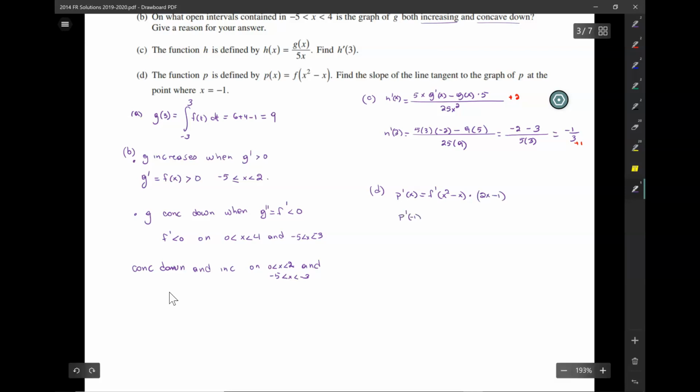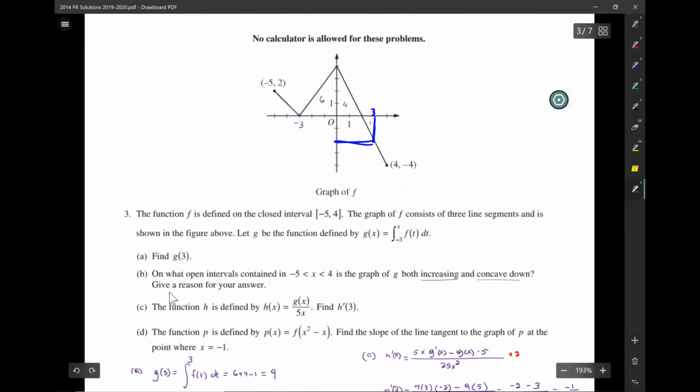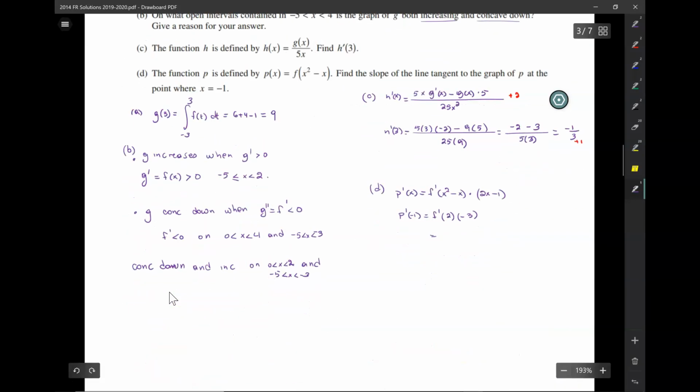P prime of -1 is f prime of 2 times -3, and that f prime of 2 is at x equals 2. What is the slope? It's -2 times -3, +6. That's all you want.